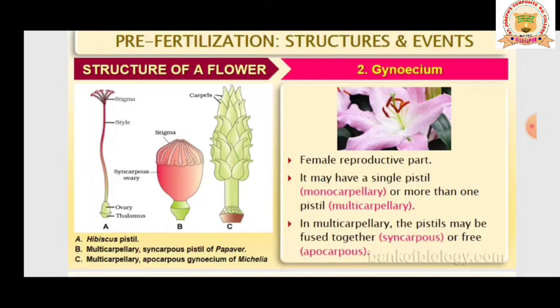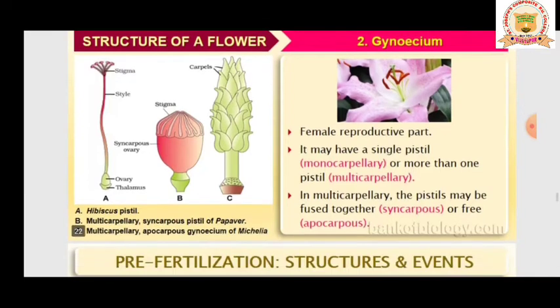You are supposed to understand these things, and why we call some flowers monocarpellary, multicarpellary and syncarpous. If the pistil is single, it is monocarpellary. If there is more than one pistil, it is multicarpellary. If they are fused, we call it syncarpous, and if they are free, apocarpous.